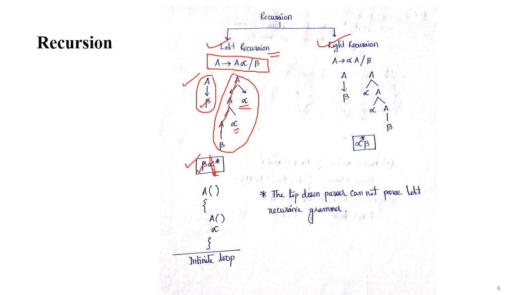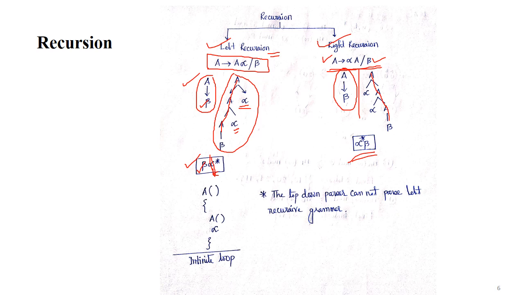And if I follow this type of production, then you can generate the same alpha, A to beta, and this A alpha beta production. If I use this first production, then I am able to generate all the non-terminals on the right hand side, and this is the generalized output of this grammar: A alpha A, then beta.